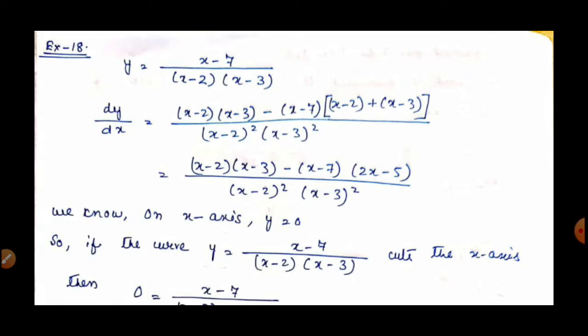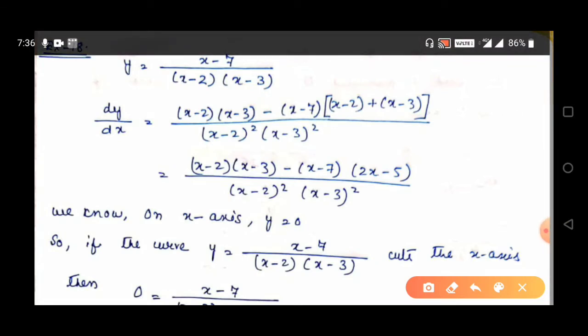So dy by dx will be equal to this one. From here we will get (x minus 2)(x minus 3) minus (x minus 7)(2x minus 5) by (x minus 2) whole square, (x minus 3) whole square. Now suppose the curve is like this.